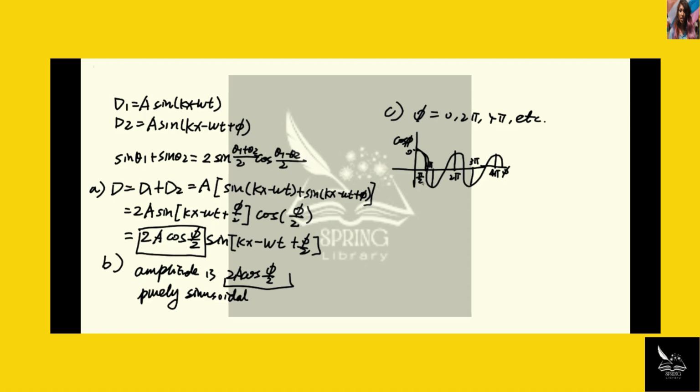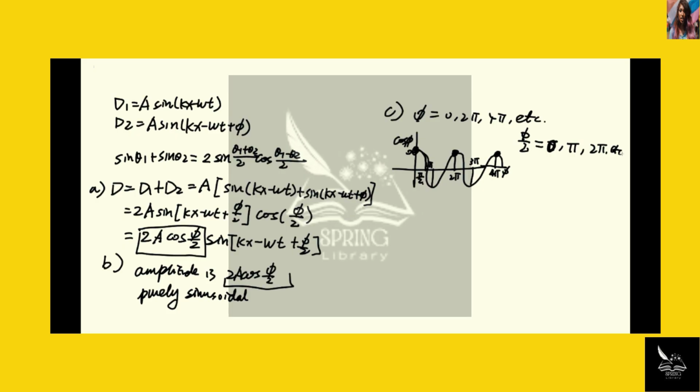We can see that at places where phi equals 0, 2 pi, 4 pi, half of phi equals 0, pi, 2 pi, etc. So half of phi is an integer number of pi.